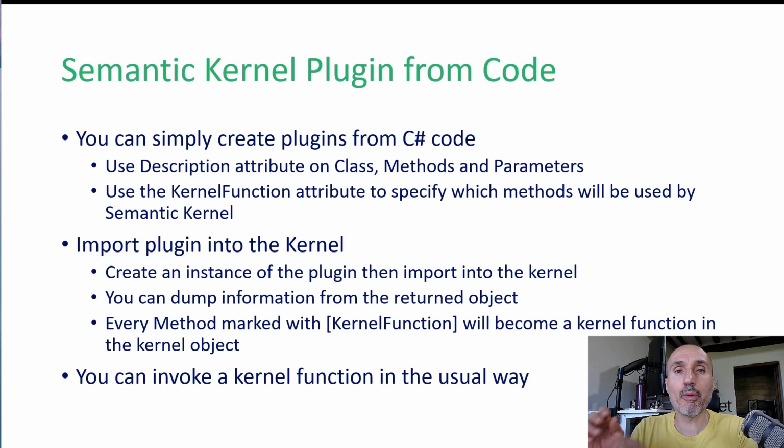In a very basic way, you can simply create an instance of the plugin and then use a special function of the kernel to import functions from the C# object you have in memory. In return, you have a simple object that is a wrapper for the plugin: a kernel plugin that in turn contains kernel functions. And as usual, you can invoke kernel functions with the standard syntax with kernel arguments we saw throughout all the videos of this course. I hope you enjoy this.